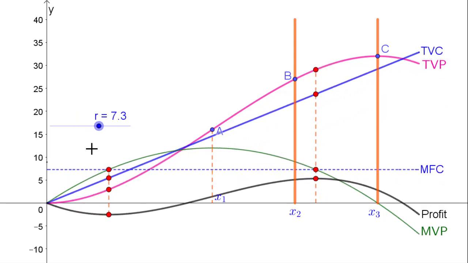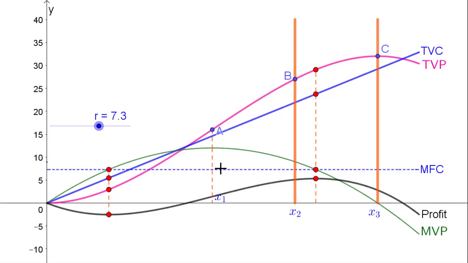And if that's the case, even though MVP is decreasing, it's still above MFC. Then again, the rate of change of TVP is still faster than TVC.